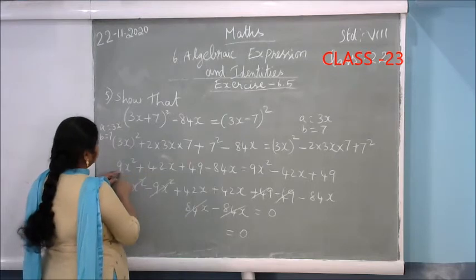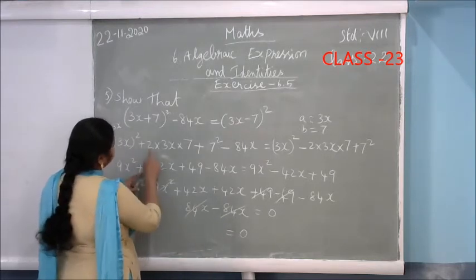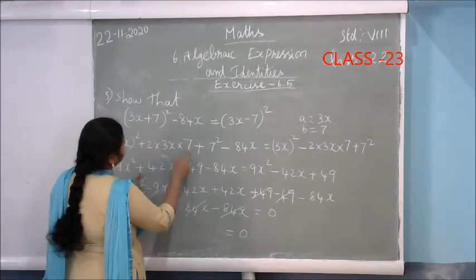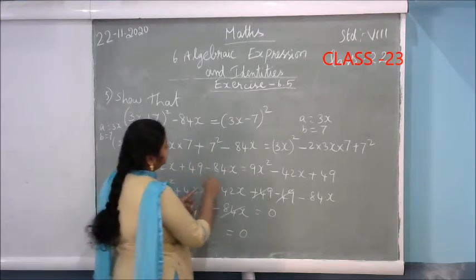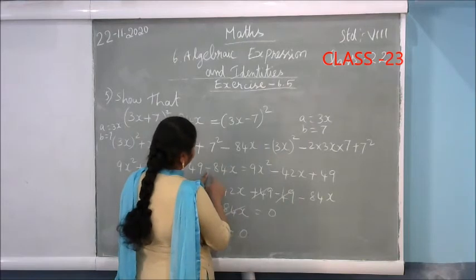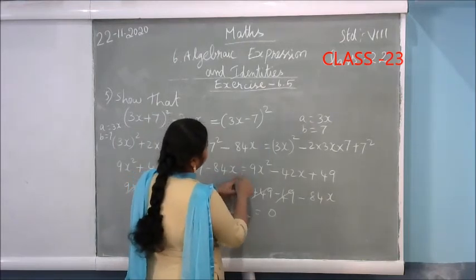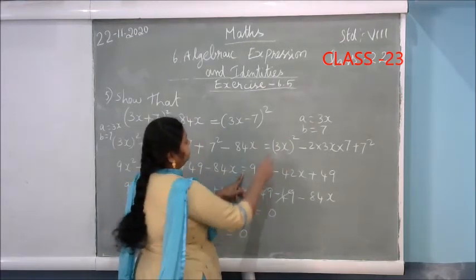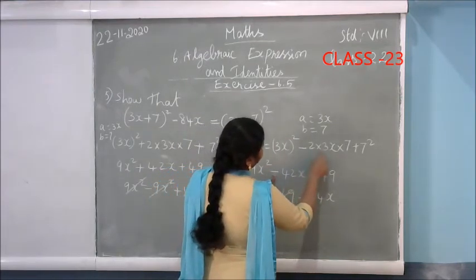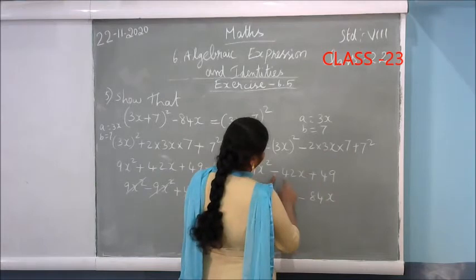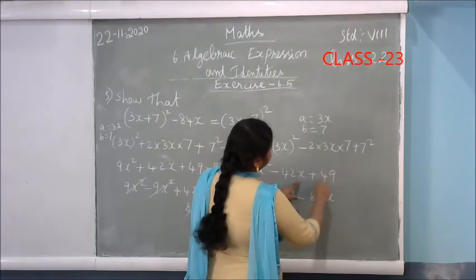So 3 square is 9x square plus 2 into 3 into 7 is 42, 42x will come, and 7 square is 49, and this term I wrote like that, minus 84x is equal to 3 square x square. 3 square is 9, so 9x square minus 2 into 3 into 7 is 42x plus 49, 7 square is 49.